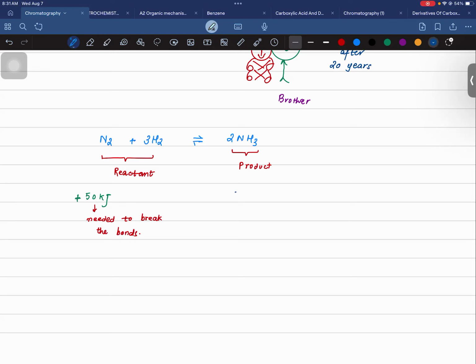And 30 kilojoules energy is released to form the bonds.